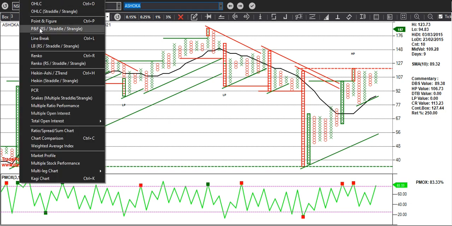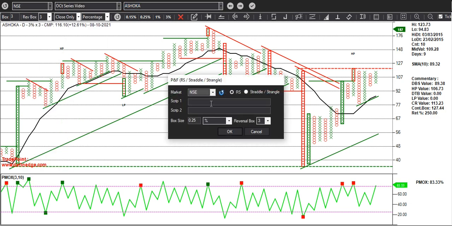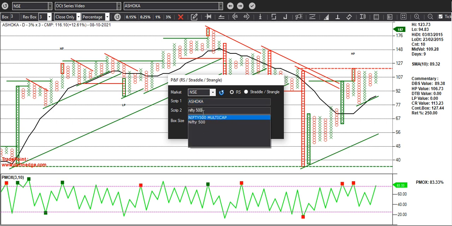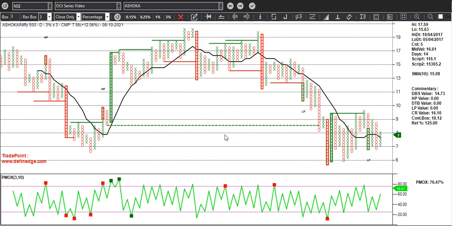Along with this, I will also open the ratio chart of Ashoka against Nifty 500, so that we'll know whether this stock is outperforming the Nifty 500 universe as well.